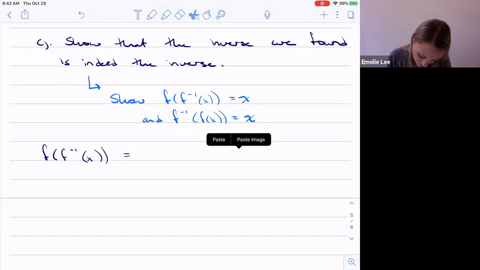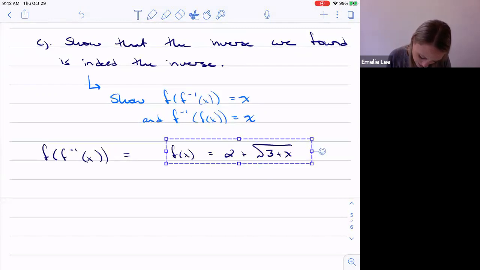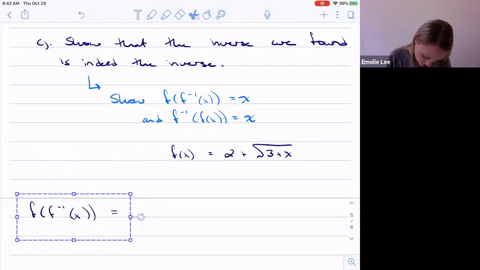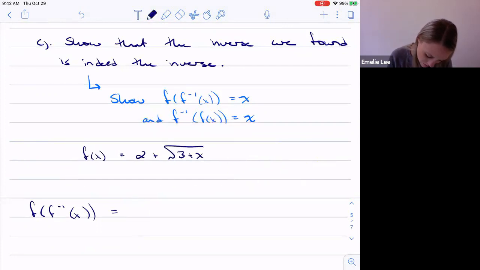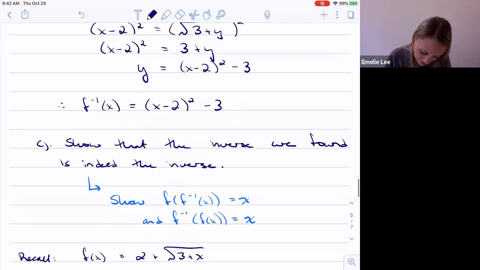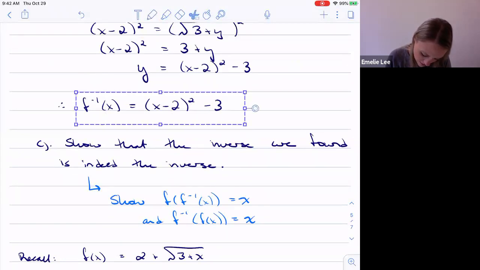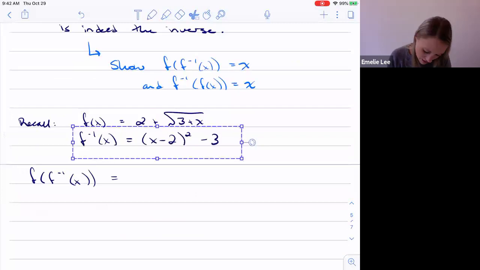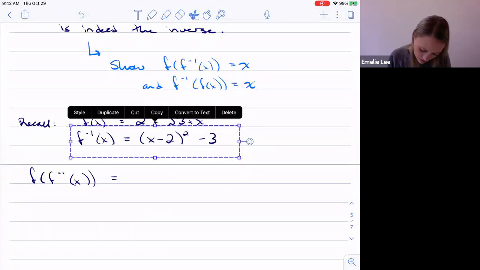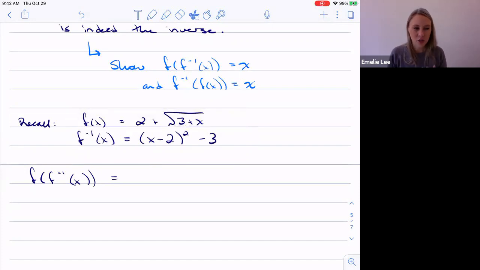So I'm going to paste this here, and I'm going to move this down to the next page. I'll say recall, and then I'll bring the inverse over as well, or what we're claiming to be the inverse. We might find that we did something wrong once we try to show that the inverse and the function doesn't become x.